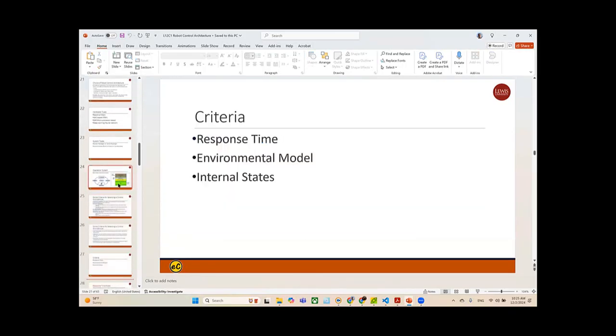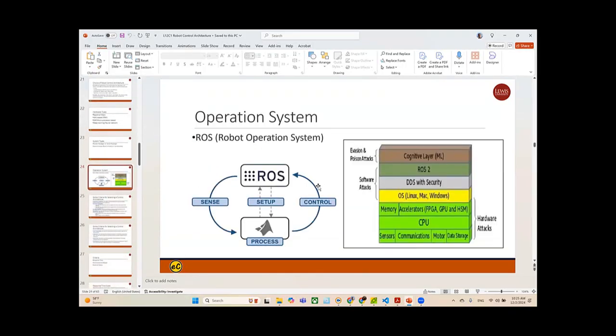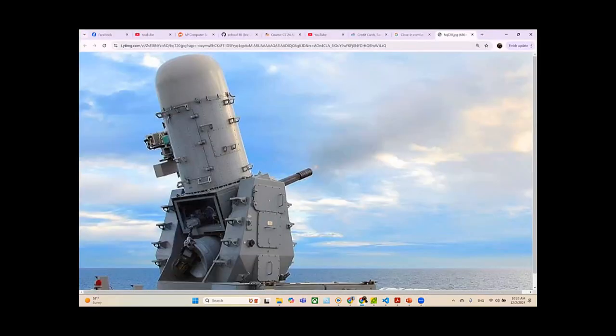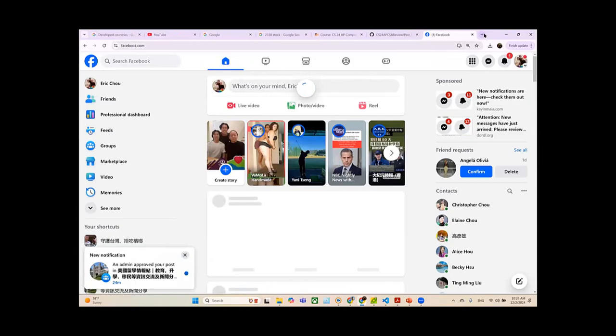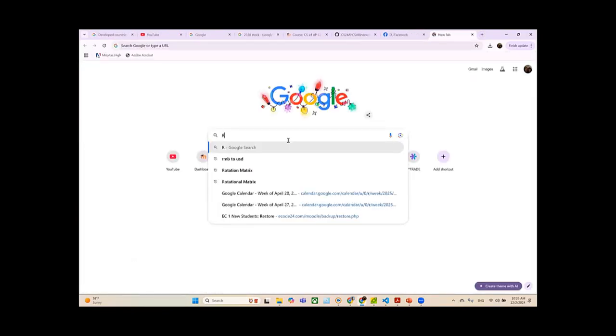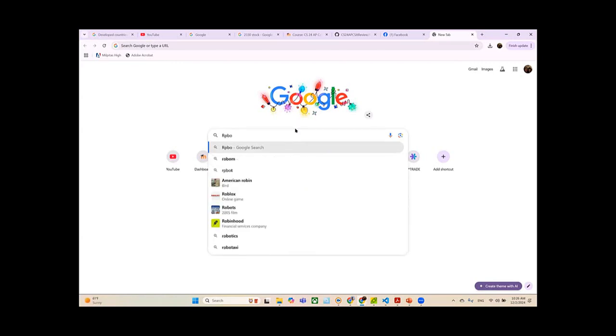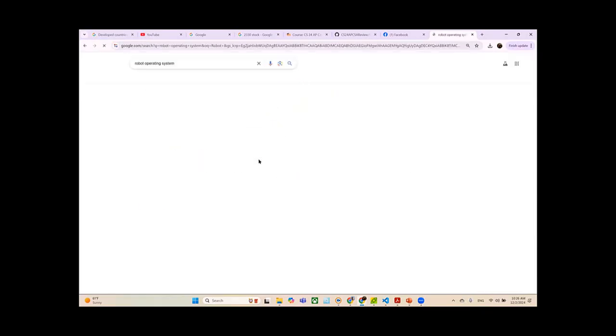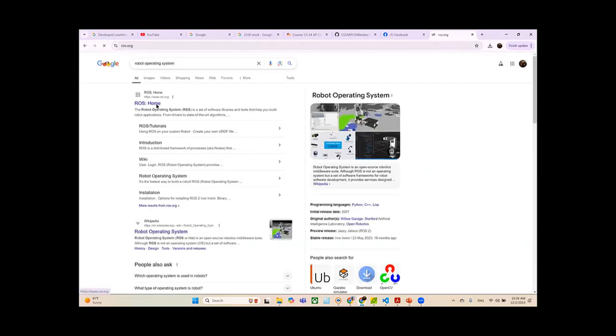When you design, you also need to choose a robot OS. ROS, the robot operation system, is one of the commercial systems for robots and is widely used.